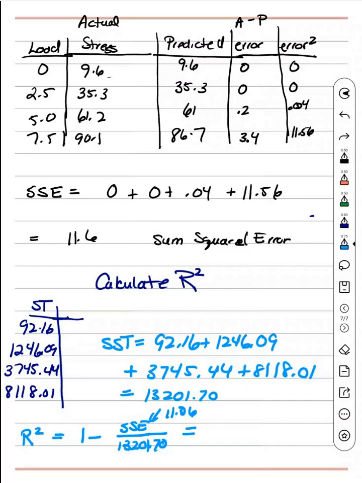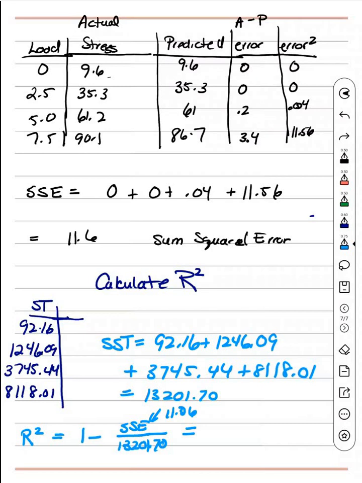It should be gigantically small. What's interesting is this is not even easy for me to calculate on a calculator. It's a pain in the behind.